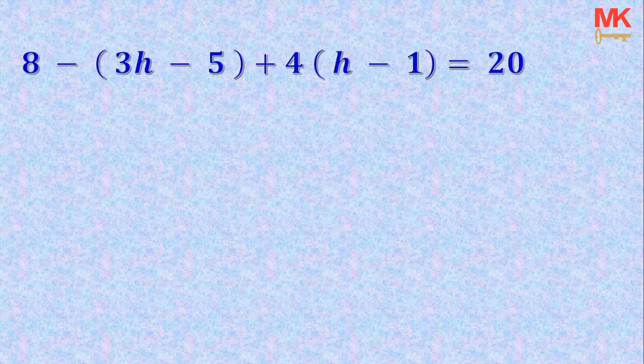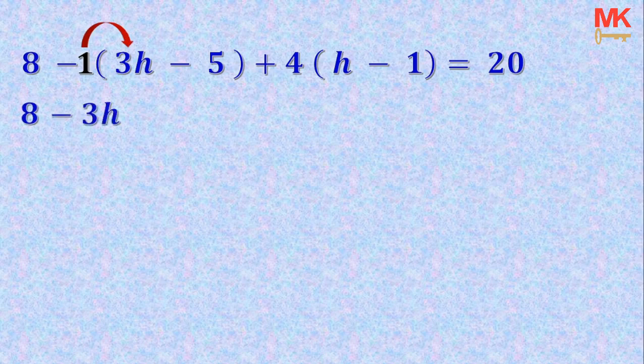Okay, let's proceed. The first thing we'll do here is observe the brackets. You see that the first bracket doesn't have a number at the front, so we'll just introduce our constant 1 before proceeding with the expansion. So let's start. We keep our 8, and of course the negative 1 multiplies the 3h, which gives us negative 3h.